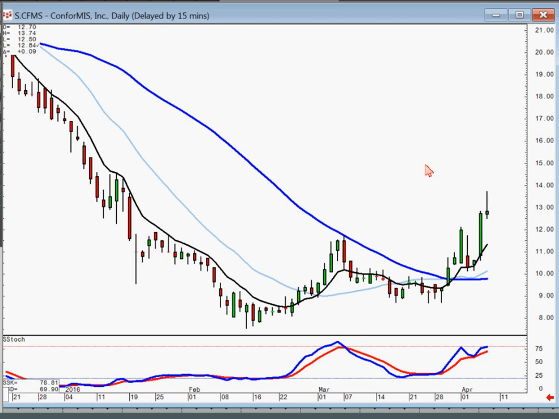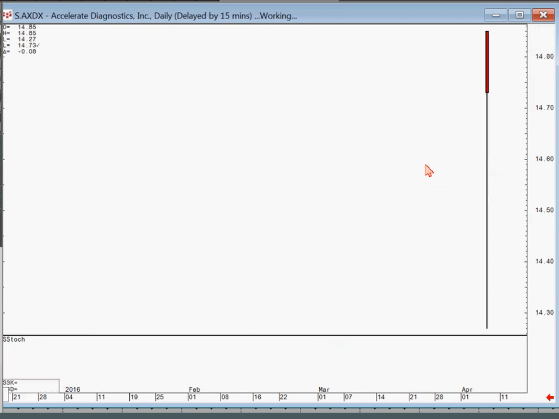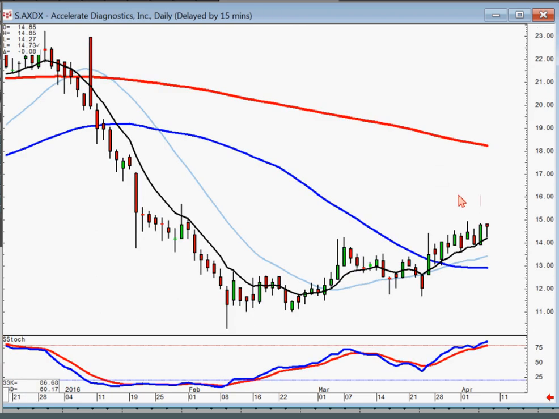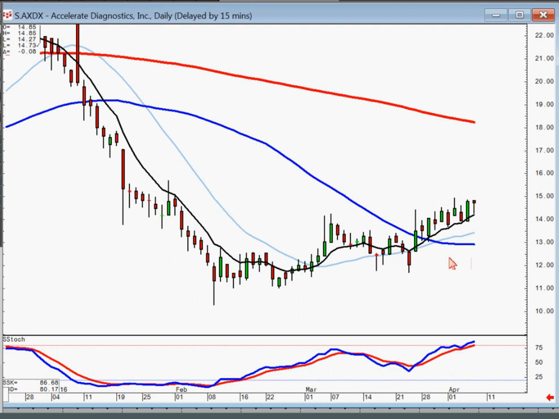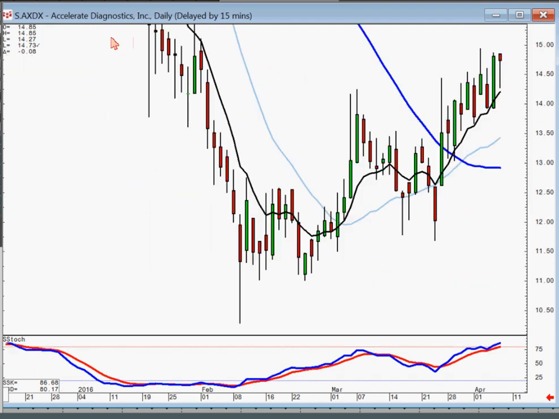So anytime I see a pattern, let's see if this is a pattern. AXDX, very simple uptrend. Why? Because it had the strongest of all the reversal signals. This is a kicker signal. Notice how it opened here and closed here.